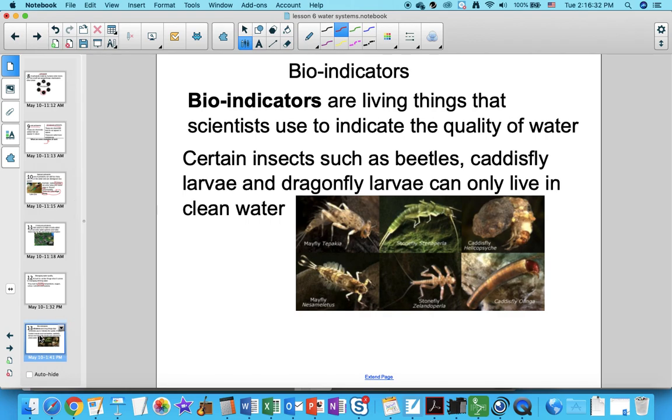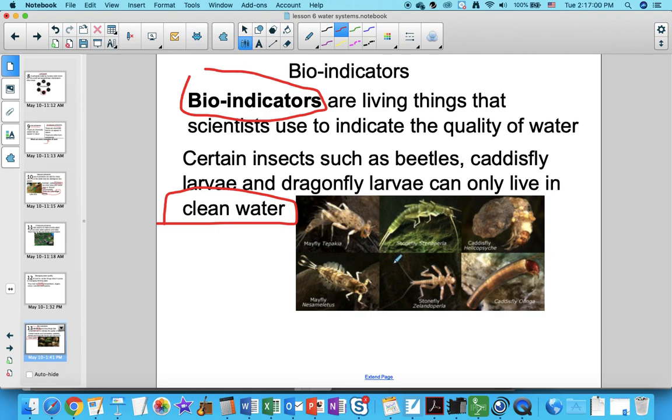So scientists use things called bioindicators. Bioindicators are living things that scientists use to indicate the quality of water. Certain insects, such as beetles, caddisflies, larvae, and dragonflies, can only live in certain clean water. It needs to be a certain cleanliness for these types of living things to survive. And so scientists call these bioindicators because if they start to disappear, that means the water's quality is starting to diminish.